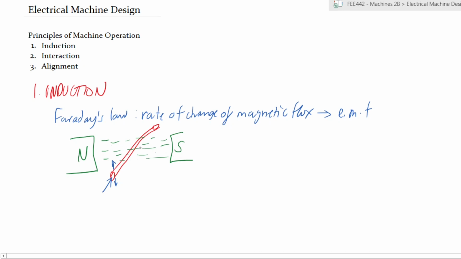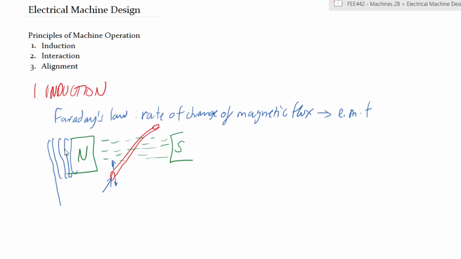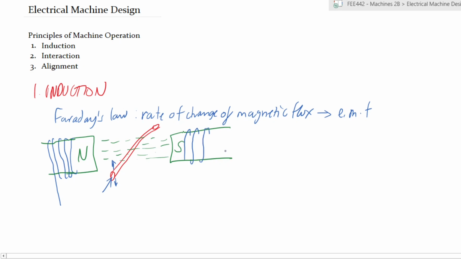This is the basic principle of Faraday's law, that if there's either a relative motion of the conductor or you have a change in this flux, such as might be created by an AC, if your magnets were being created by a coil with AC currents flowing through, then the magnitude of that magnetic field would change due to the effects of AC. So different values of magnitude in relation to time.